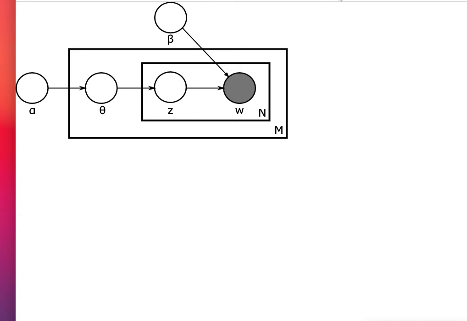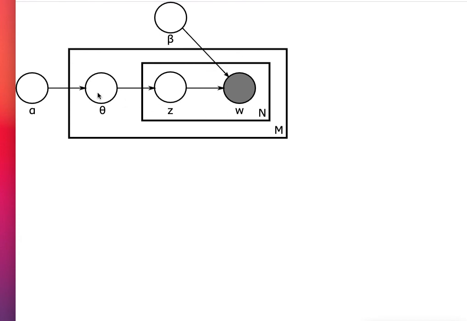Basically, M stands for the number of documents, and then we have N. N is the number of words within the document, and then we have W. W is the words, and Z is the notation that each topic is assigned to each word. So basically this is the documents and what we have.